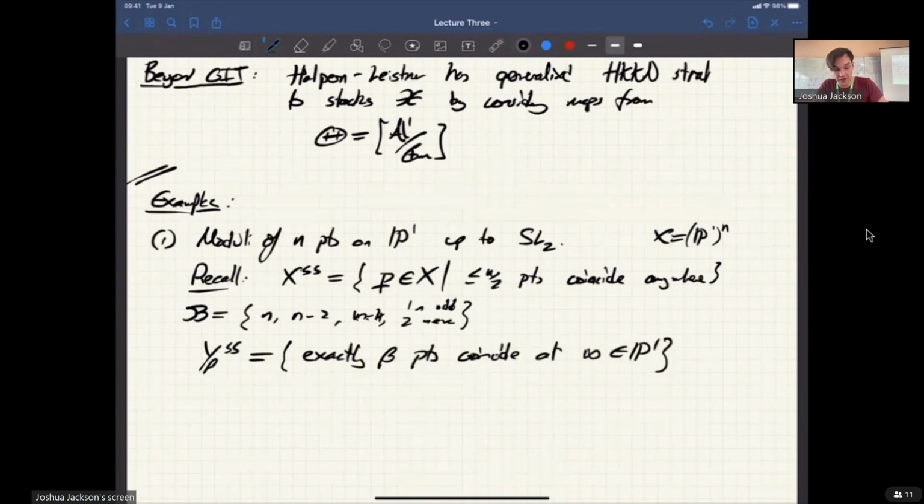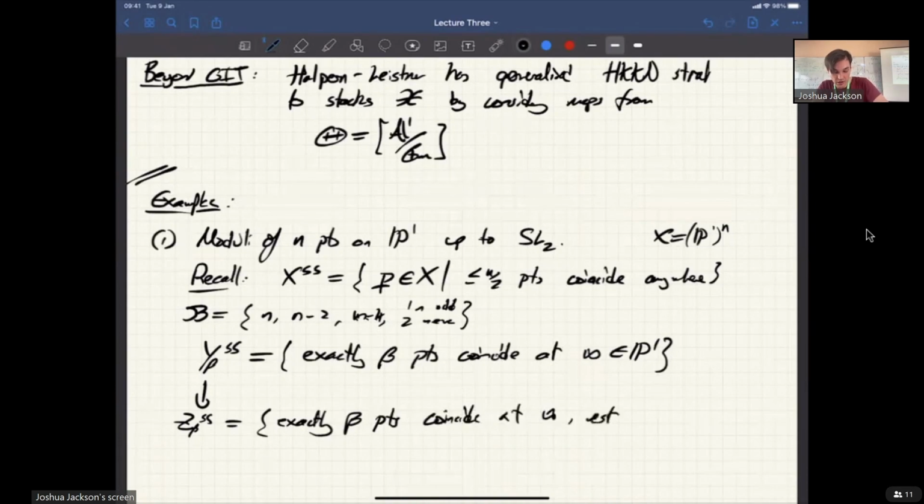So this depends on a particular choice of maximal torus. The maximal torus I've chosen here is the one that goes t, t inverse on the diagonal. If instead I chose t inverse, t, then I'd be working with a different positive Weyl chamber, and the only difference would be a 0 instead of an infinity. Okay, and then what's the map to Z beta SS? This is exactly beta points coincide at infinity, and the rest are at 0.